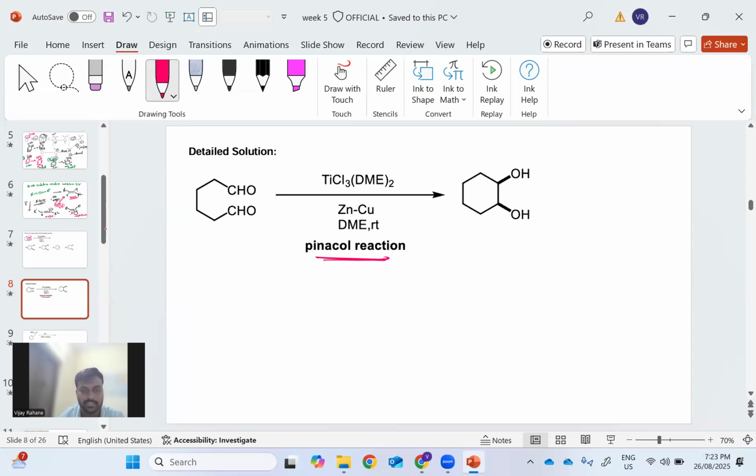Whenever we have such aldehyde groups at the 1,4 positions, one, two, three, sorry, fourth, they get converted into the corresponding alcohol, and this is cis, or we can also call it syn geometry, syn diol.